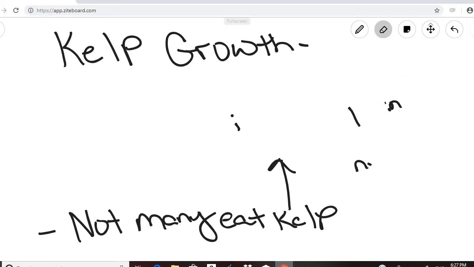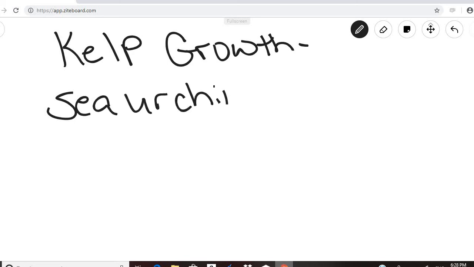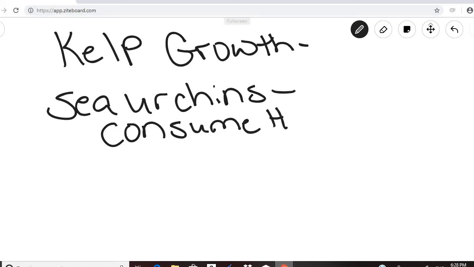One of the organisms that tends to really grow around a kelp forest or kelp beds are sea urchins. So these can really increase, and what they tend to do is they tend to consume the holdfasts, and then of course then the whole plant dies.